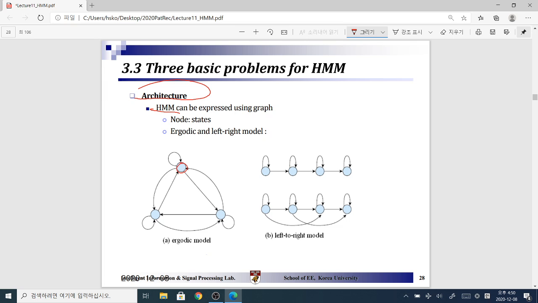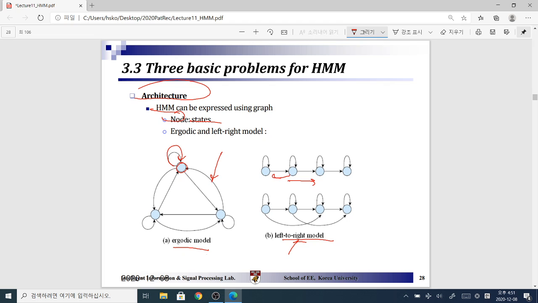The nodes here represent the states, and you can have either an ergodic or left to right model, where the ergodic model, as you can see, has all the states connected to each other, including the self-looping, whereas the left to right model goes in just one direction, left to right.